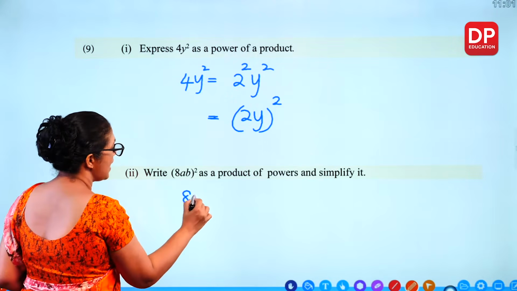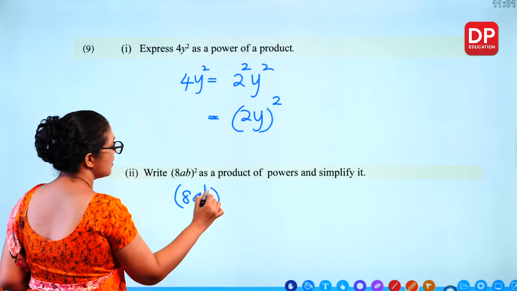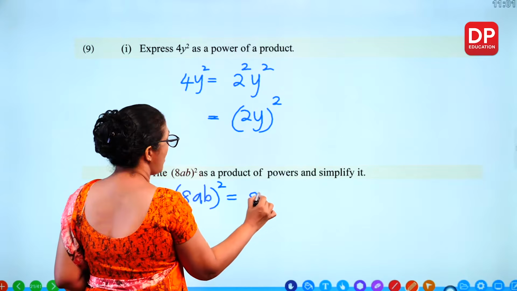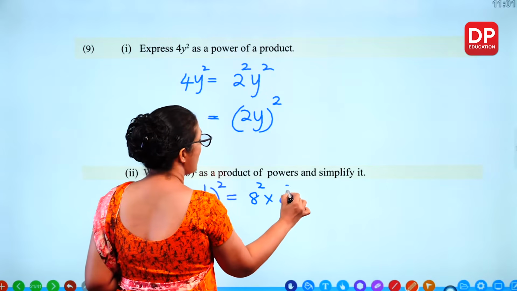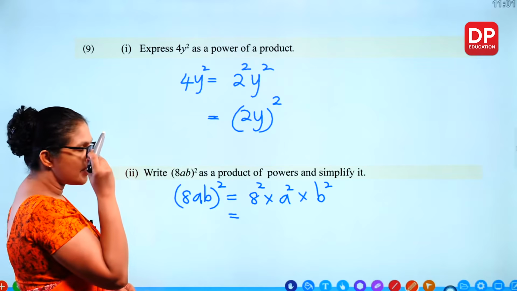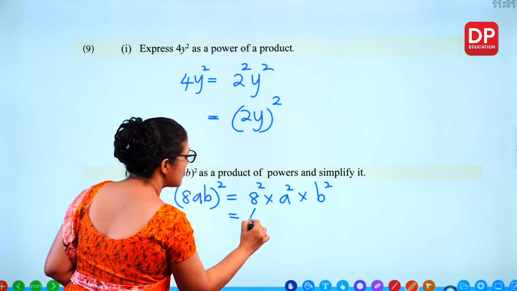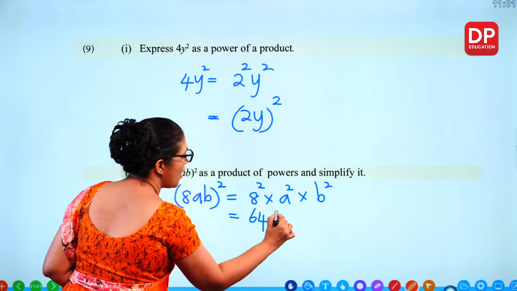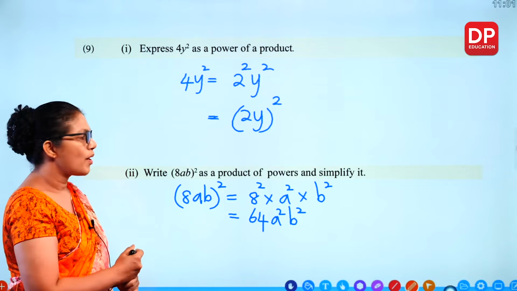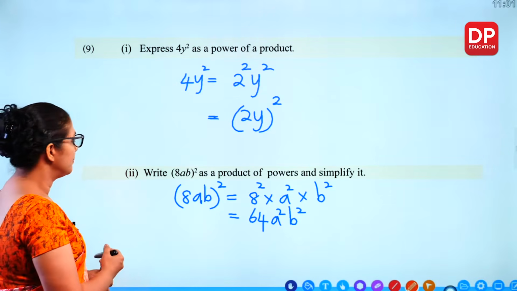So (8ab) squared means 8 squared, a squared and b squared. What is 8 squared? 8 times 8, 64. a squared and b squared. So the answer is 64 a squared b squared.